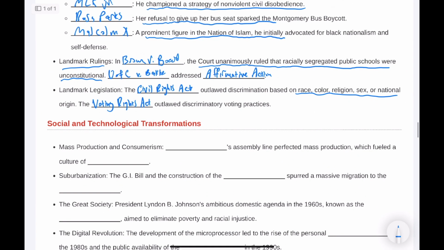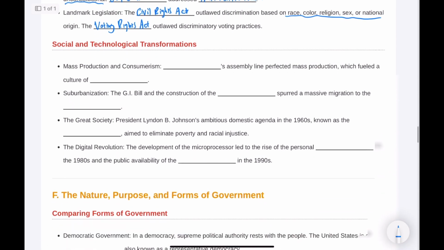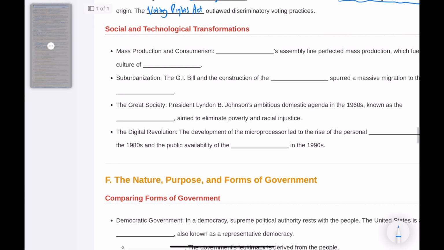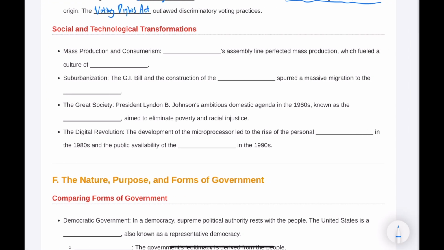Social and technological transformations. All right, let's talk about this, likely to be seen on your exam in a multiple choice style section. The mass production and consumerism. Remember, this is Henry Ford's assembly line.